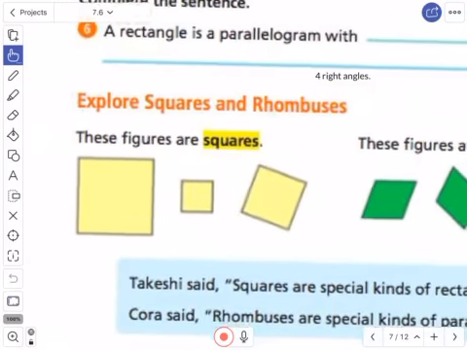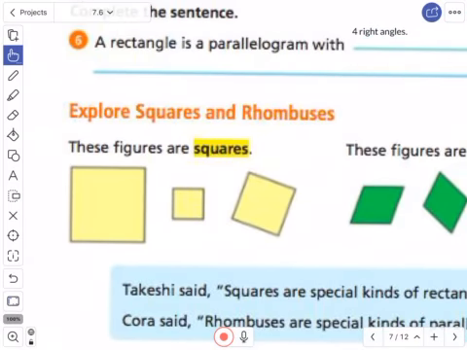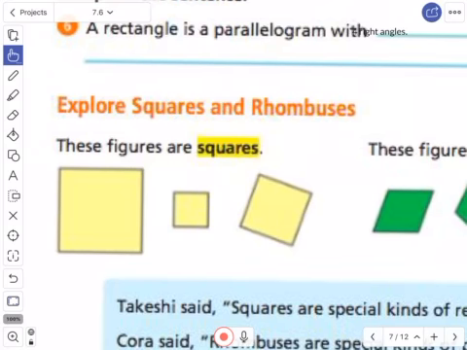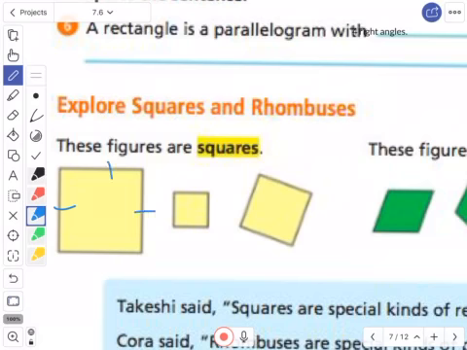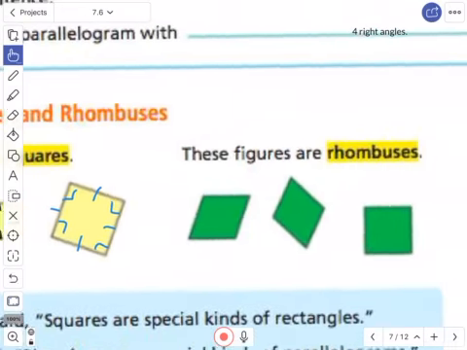Okay, now we're going to be looking at this next part, explore squares and rhombuses. So these figures are squares. Squares, again, have four sides that are equal and four right angles. That's the biggest difference. Four equal sides and four right angles. These are rhombuses.